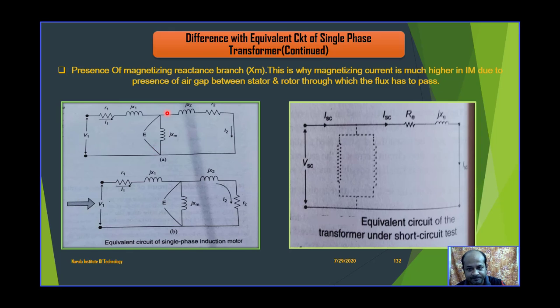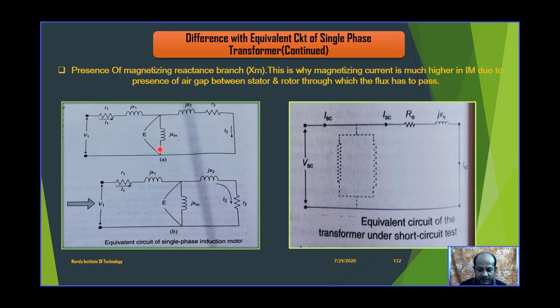Although here we have represented the shunt parameter in our single phase induction motor equivalent circuit, the core loss is still not separately present. When we studied the three phase induction motor equivalent circuit, we saw that core loss is assumed to be constant during operation, and it is added along with the rotational losses.